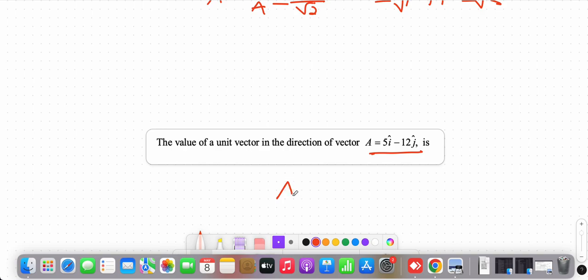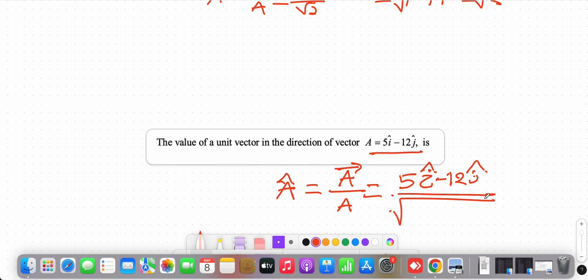Again, in the same way, A cap is equal to A vector divided by magnitude of A. A vector is 5 I cap minus 12 J cap, and magnitude of A is root over of 5 square plus 12 square. 5 square plus 12 square, after solving this, is 13. So here this is 13.